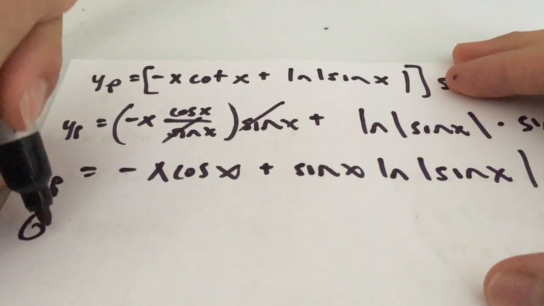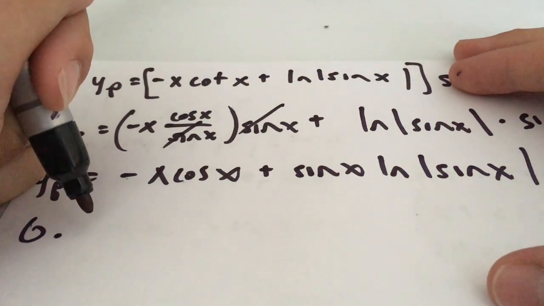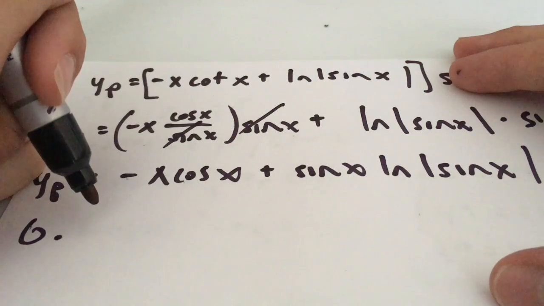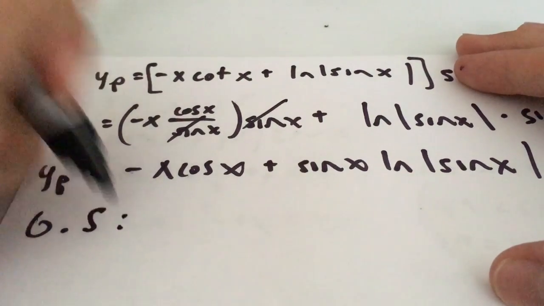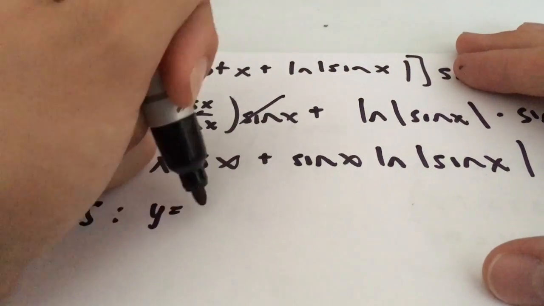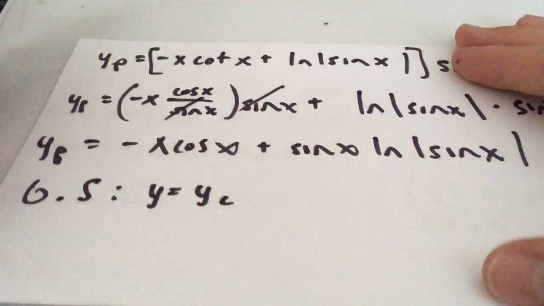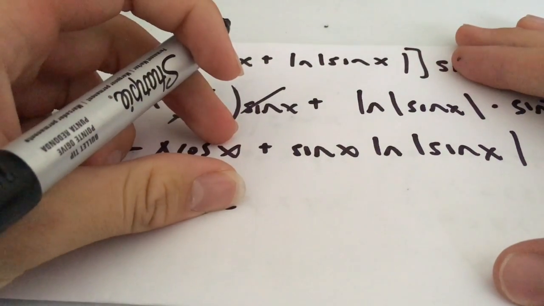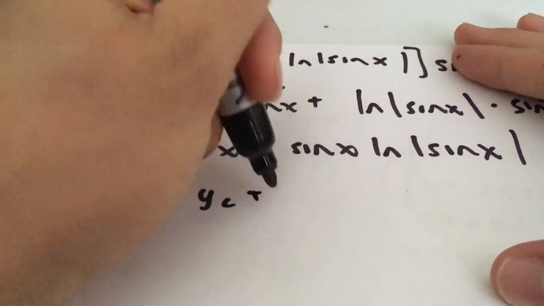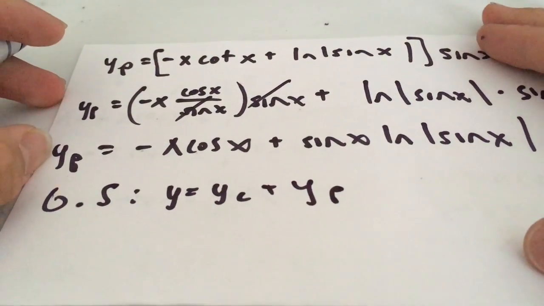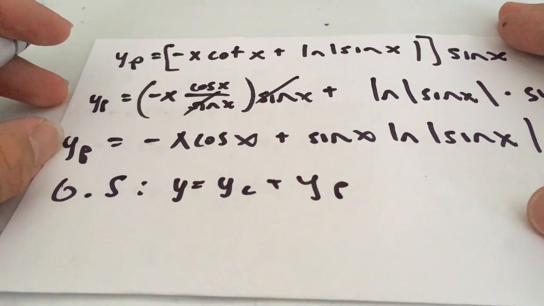Remember, based on the superposition principles, you have for a general solution y equals yc, our complementary solution, which goes along with the homogeneous version, as remembered at the beginning when we set it equal to 0, plus our yp, which goes along with our g of x, which in this case was cosecant x.